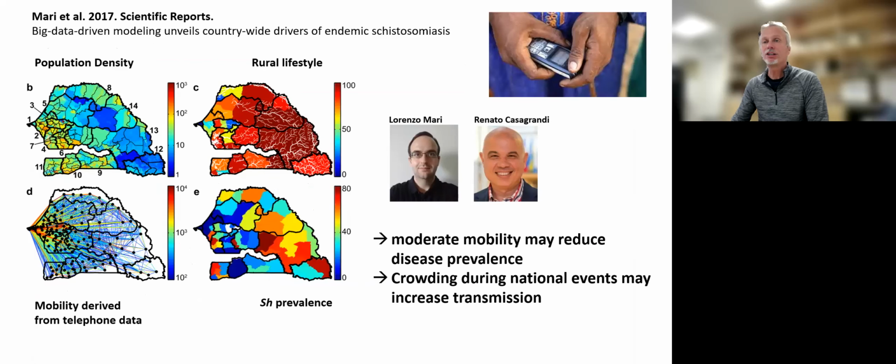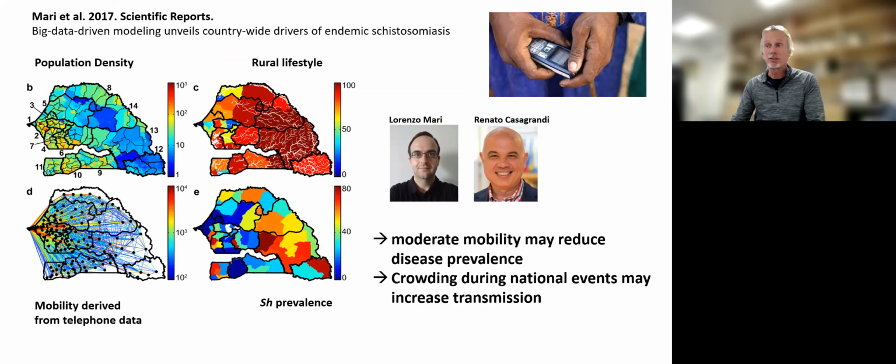In addition to that, Lorenzo and Renato use mobile phone data from Sonatel and Orange that provided in a challenge this information to calibrate the people movement, because people connect at different sites by moving from village to village or from village to city and so on and so forth.